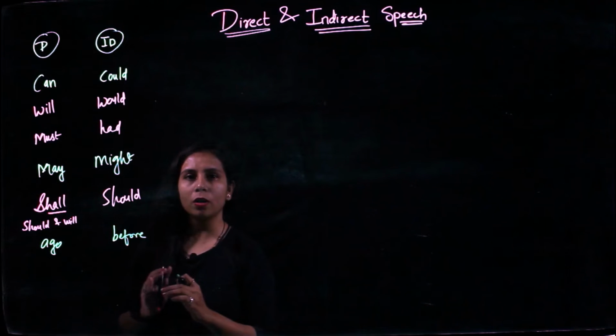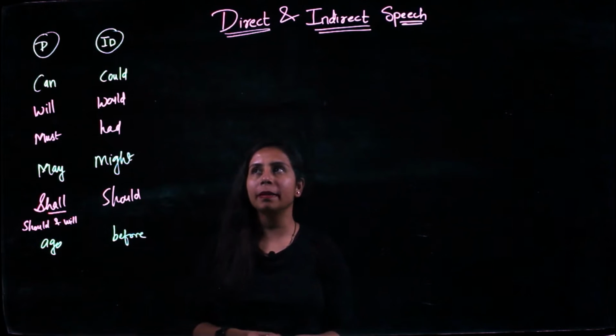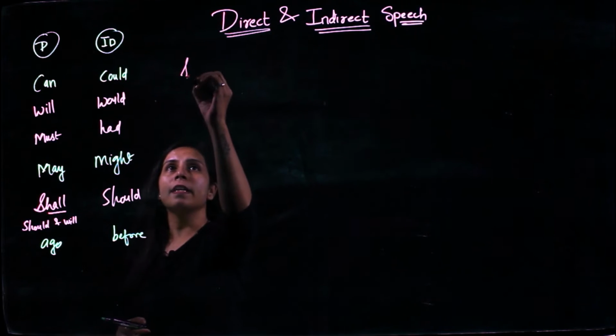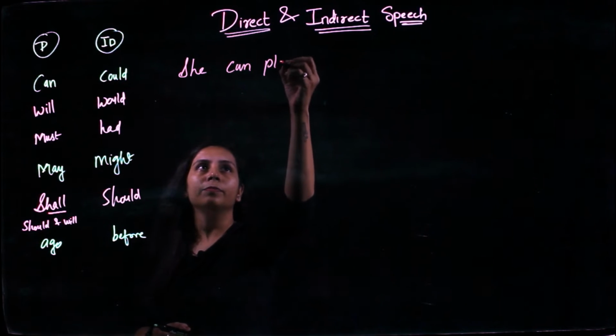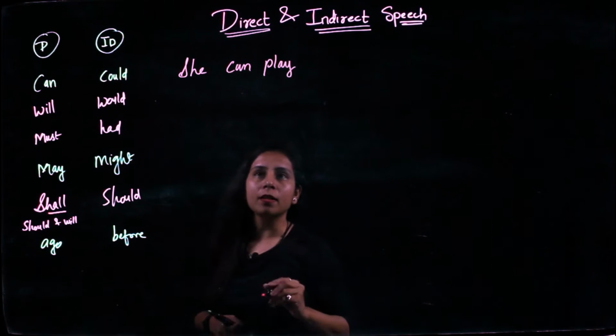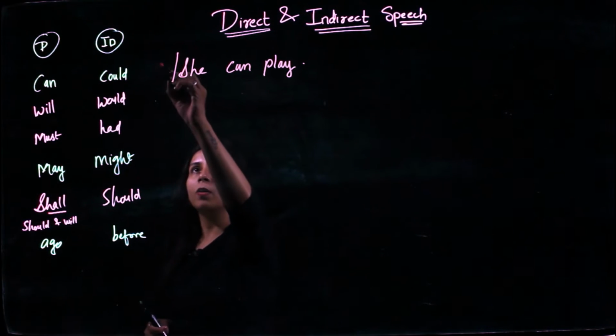Now there are some words that change from direct to indirect. First, we would talk about the basic one. Like if I say she can play. So here a girl herself said that I can play. Okay.